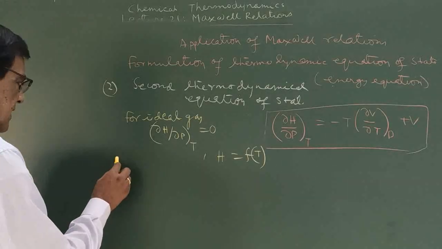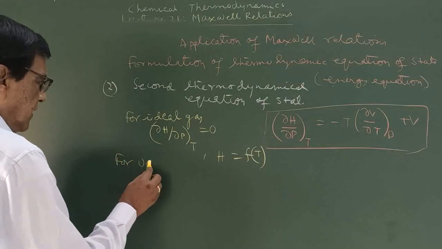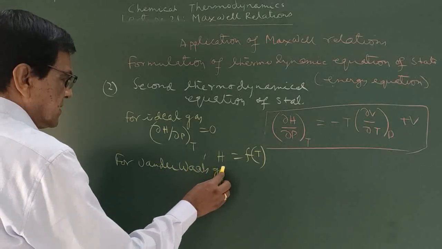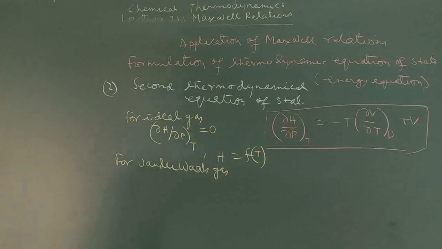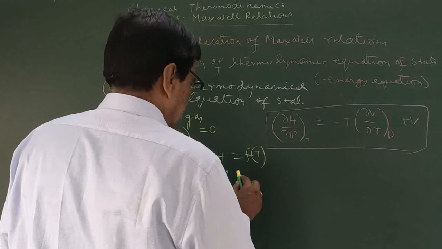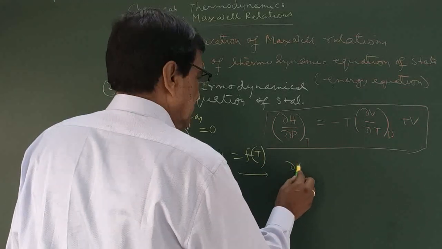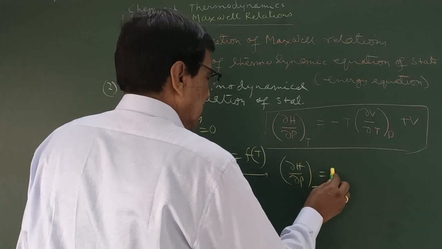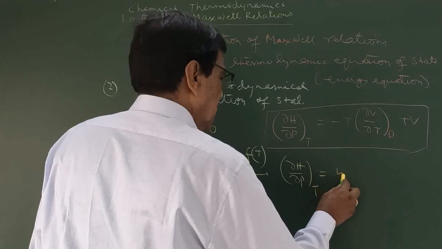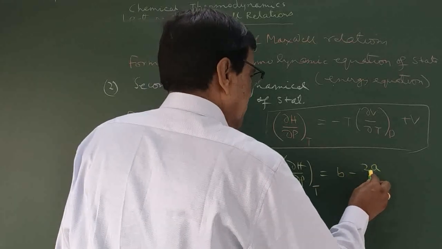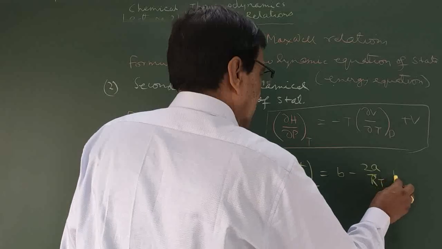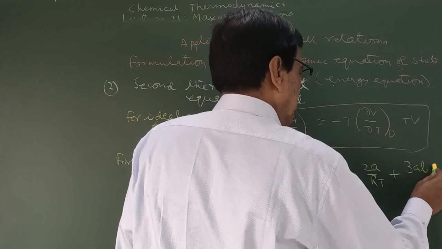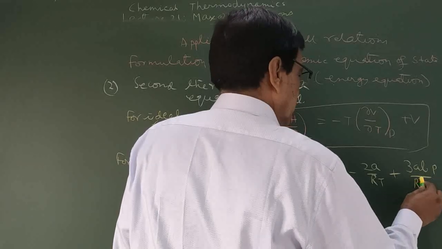For van der Waals gas, it is very difficult to calculate, but for the van der Waals equation, ∂H/∂P at constant temperature equals b minus 2a/RT plus 3ab/R²T².